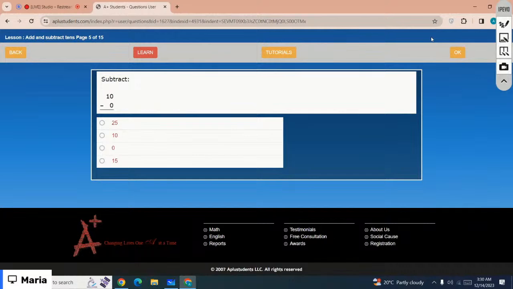So adding 0 or subtracting 0, the number stays the same, right? Whatever number it is, if you are adding 0 or subtracting 0, the number stays the same. So 10 minus 0 is 0. Got it?